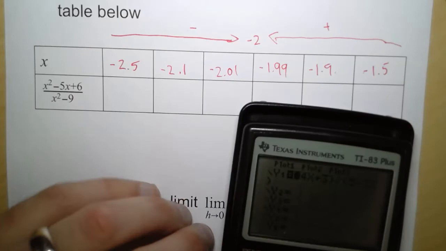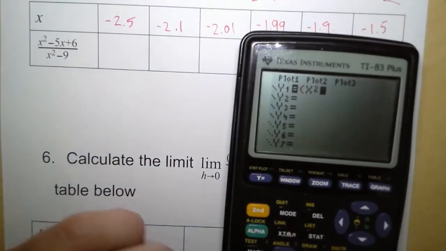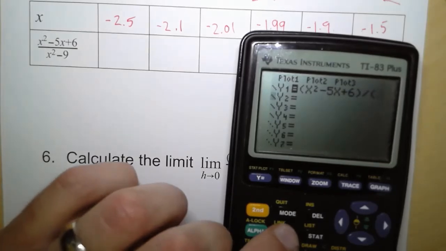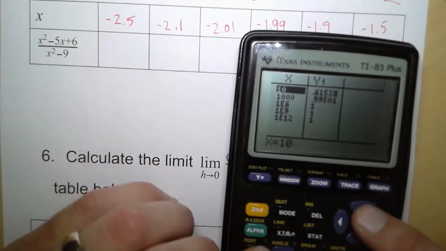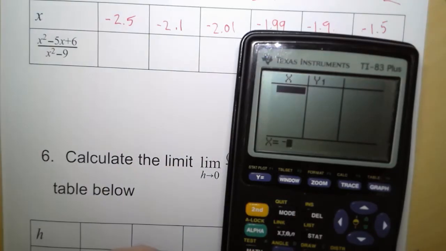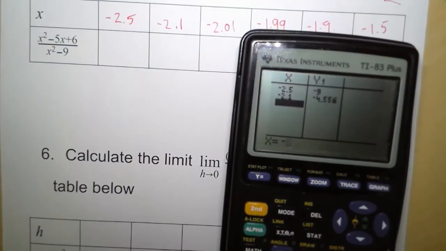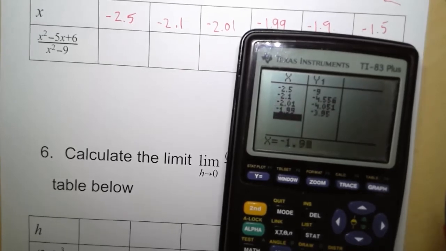All right, so now we'll plug in our function, x squared minus 5x plus 6, and then we divide by x squared minus 9. Go to our table, delete out the old values, -2.5, -2.1, -2.01, -1.99, -1.9, -1.5.